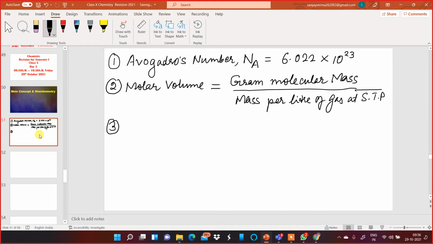But there are some numericals in percentage composition, vapor density, and molecular weight, where you will be required to use these formulas. Are you getting it? Thank you so much for reminding me.